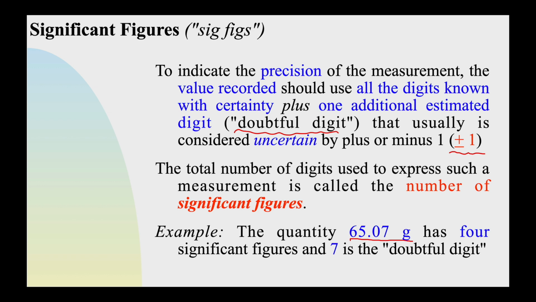There's 4 non-zero numbers that are meaningful. The 0 in the middle counts. We'll talk about that in a little bit. The other thing that's important though here is that 7, that last number, is the doubtful digit, and that'll be important to us later. So in this number, there are 4 sig figs, and the 7, the last one, is the doubtful digit, and we'll see what this means in a little bit.